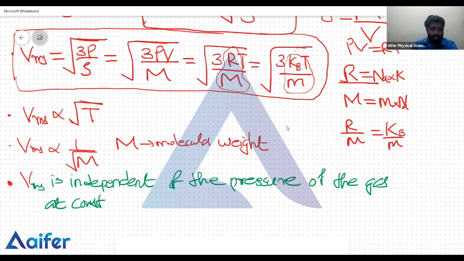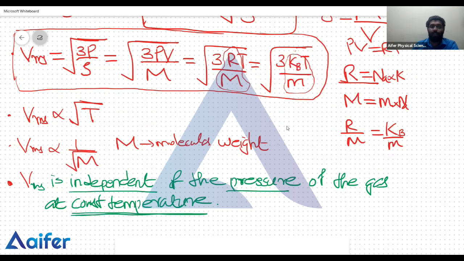I'm sorry, at constant temperature, it is independent of the pressure of the gas. VRMS is independent of pressure, provided temperature is held constant.